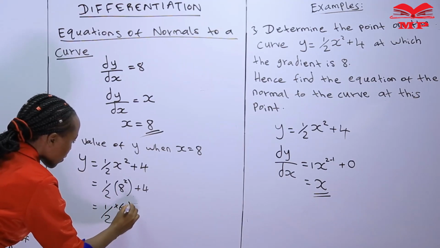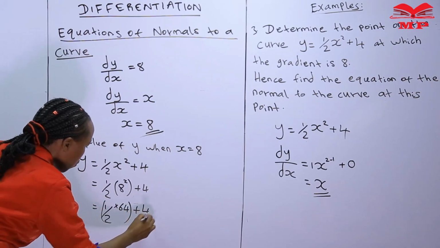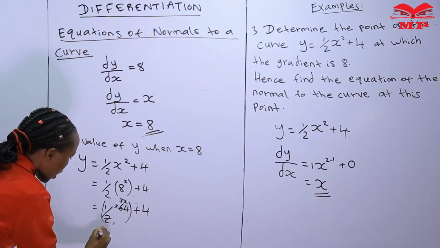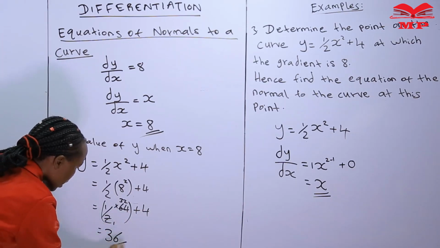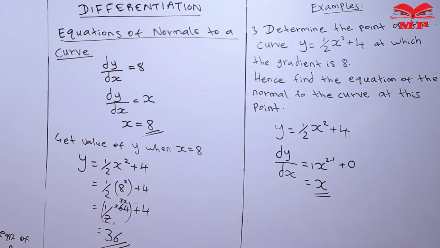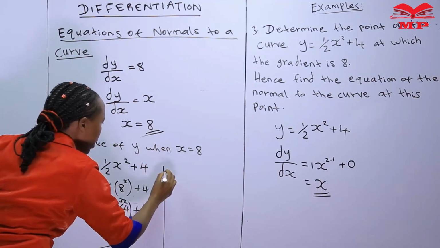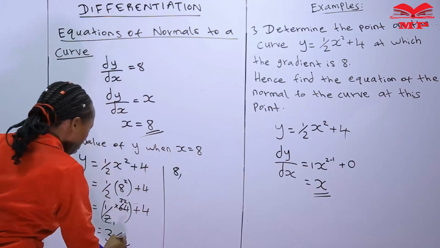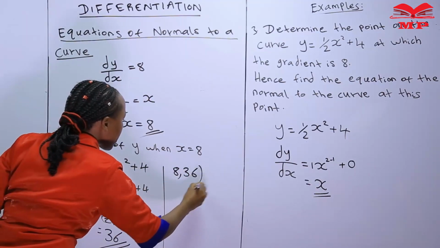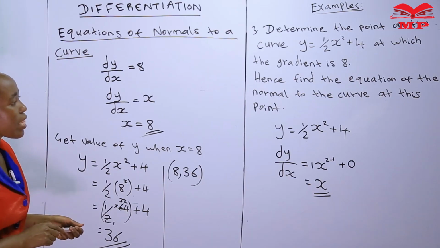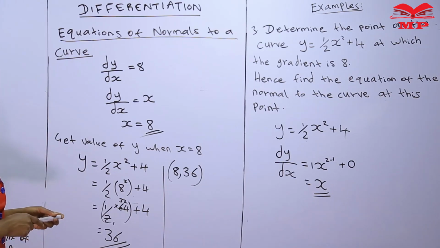We multiply by 64. Then we add 4. So half of 64 we have 32. 32 plus 4 we have 36. So the y will have 36, and therefore our coordinate will be (8, 36). Then we are told, hence find the equation of the normal to the curve at this point.